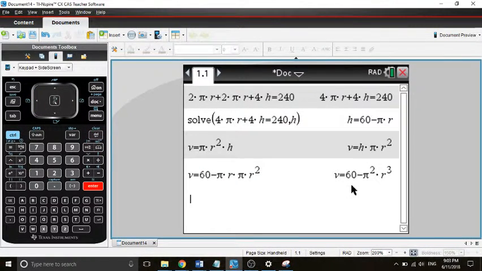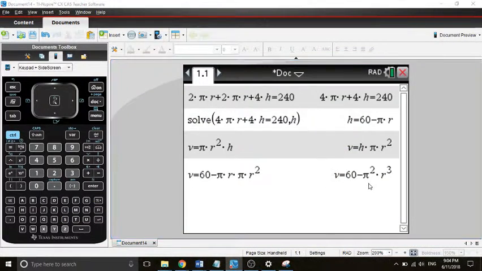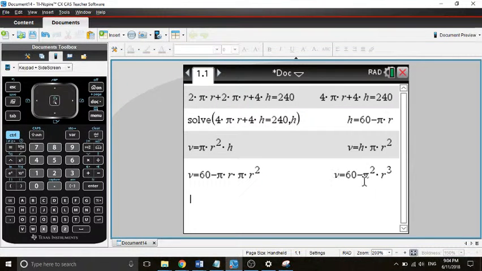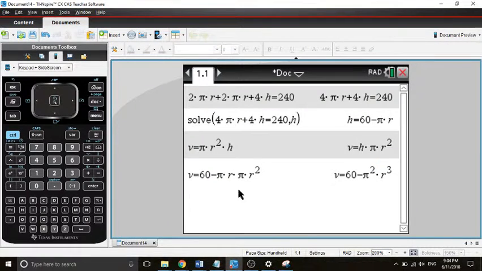And we have that 60 pi r squared minus pi squared r cubed. Alright, anyhow, so that's our height source.